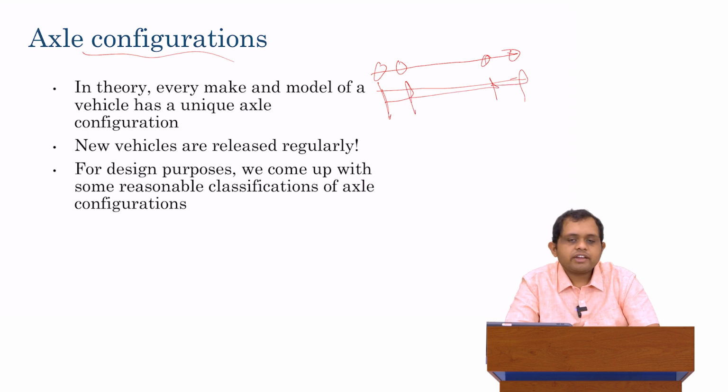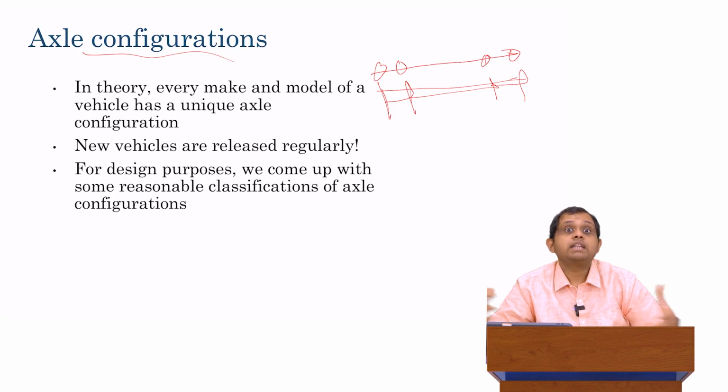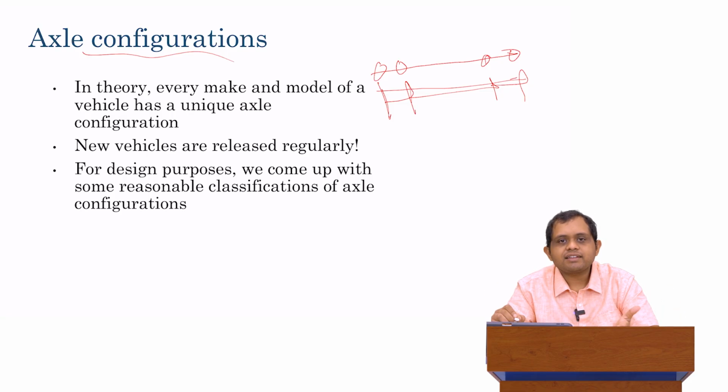Also, I think it's fairly obvious, but if you go out and look at any truck or any car, there will be more than one axle for sure. A car might, for example, have two axles. You'll have a front axle and you'll have a rear axle. A truck might have more axles, and depending on the size of the trucks, you could have many more axles on the truck. Next time you're on the road, observe the number of axles on the truck.